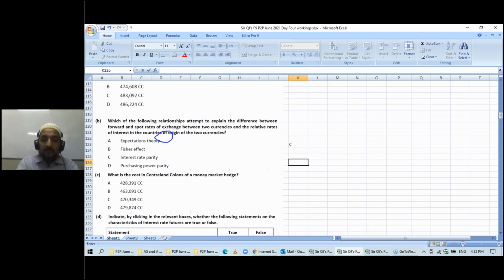So now I am preparing a money market hedge for foreign currency payment. So step one for the money market hedge: invest foreign currency now.